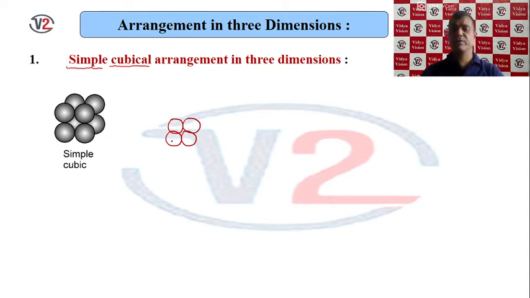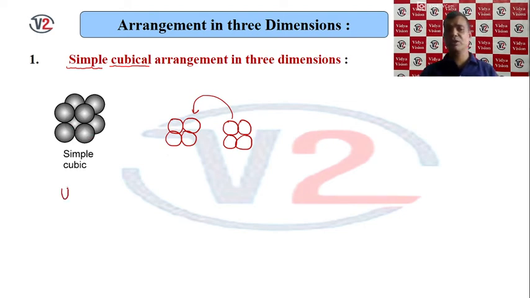This is the square arrangement in 2D, and if we place four other particles just above these four particles, then we get this structure. So if we place these particles just above these particles, then we can obtain the simple cubic arrangement.